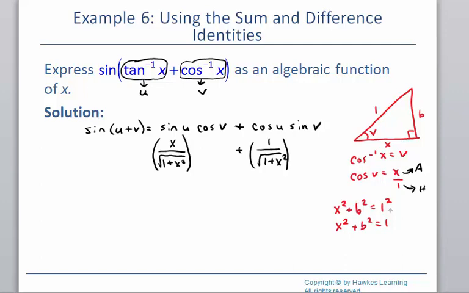So we're going to subtract the x squared from both sides, and then we'll take the square root. So this tells me that b is equal to the square root of 1 minus x squared. And so we'll plug that in for side b.